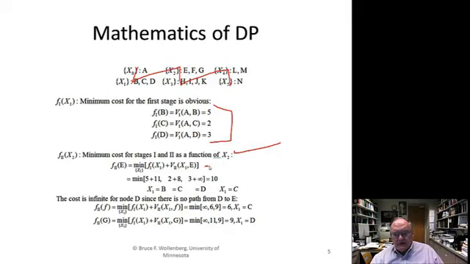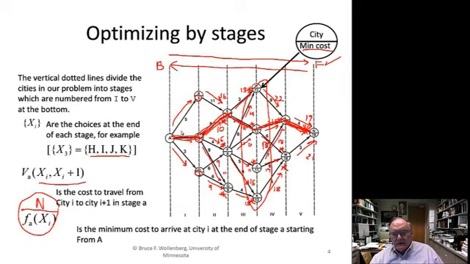We're looking at this right here, and we're saying as stages 1 and 2 as a function of x2, we're going to minimize the cost plus this, which is the minimum to get to that point, and then this is to traverse the thing. And all we are meaning here is that 5 plus 11, 2 plus 8. Here's the 5 plus 11. I'll put the pointer on here. 5 plus 11, 2 plus 8.